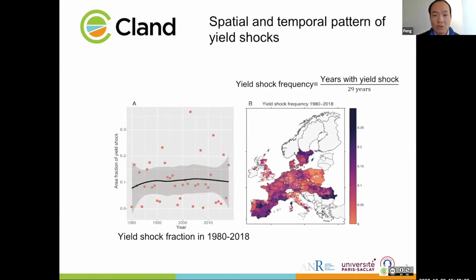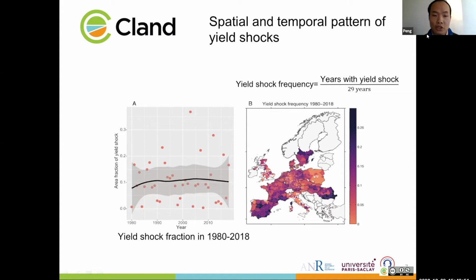When we have the yield shock, we can analyze its spatial and temporal pattern. Here is the spatial pattern and temporal pattern of the yield shock. The left shows the area fraction of the wheat yield shock over time.